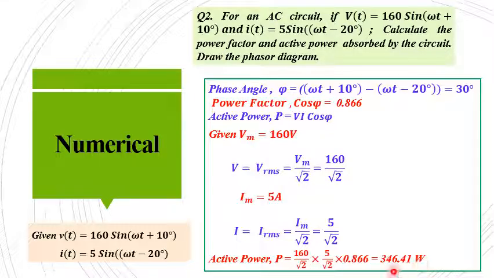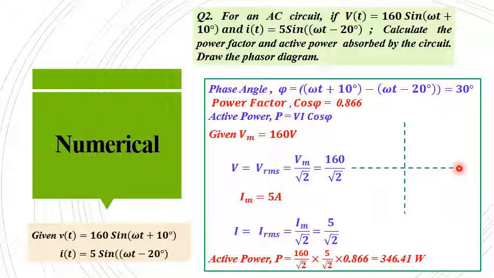Next we have to draw the phasor diagram. Before drawing the phasor diagram, first we draw the axis. So this is our axis. The given voltage equation is 160 sin omega t plus 10 degree. If it was 160 sin omega t, then the phasor would be along this axis.